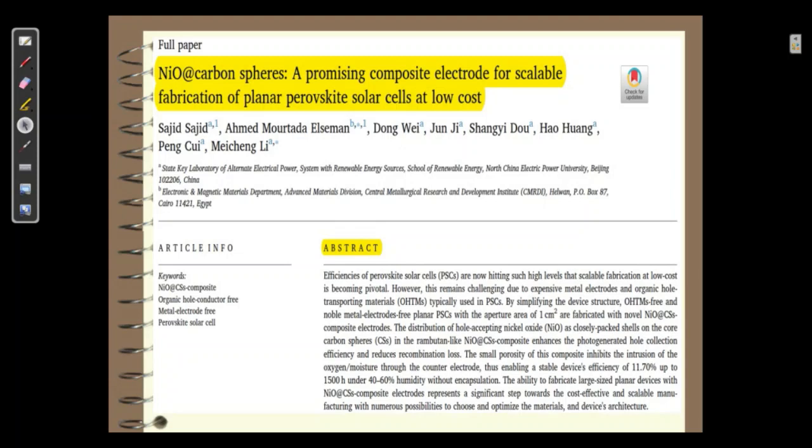It means it is a composite used as an electrode for scalable, meaning large-scale, fabrication of planar perovskite solar cells, and at low cost, meaning this was a low-cost electrode used for large-area perovskite solar cells. So the title can tell us what is going on in the paper. Similarly, the abstract shows us the brief summary, the nutshell of the paper, and the future outlook of that work.